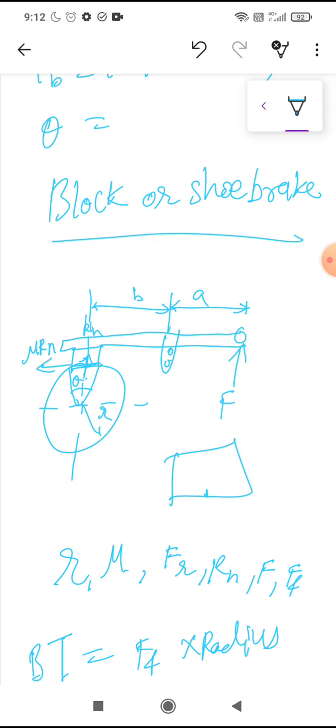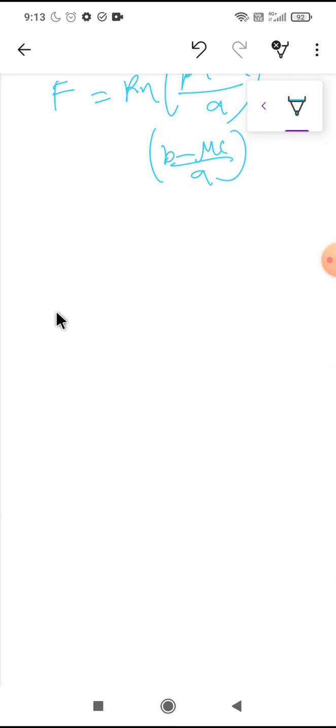When the angle of contact is more than 40 degrees, the normal pressure is less at the ends than at the center. In that case, mu has to be replaced by an equivalent coefficient of friction, mu dash, when theta is greater than 40 degrees.